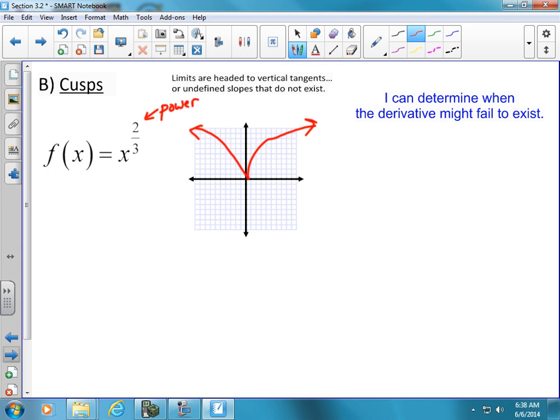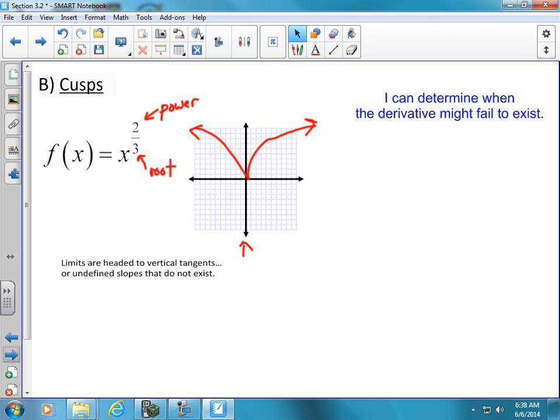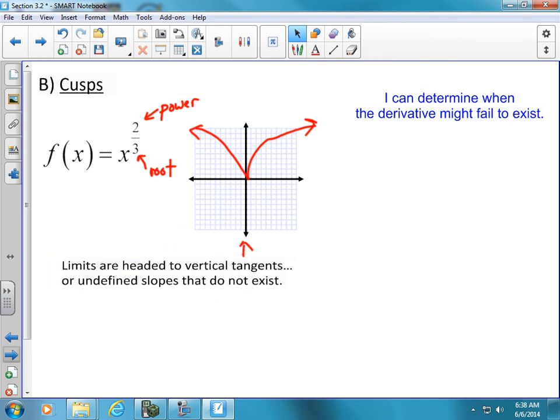The top number is power, the bottom number is root. The limits are headed toward vertical tangents right here, and they are undefined slopes that don't exist. And I've written that out for you, those words. So that is a cusp.